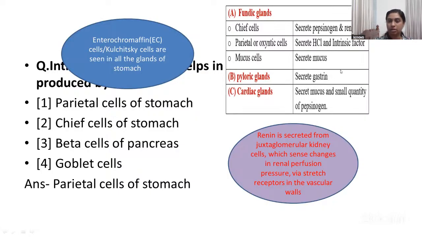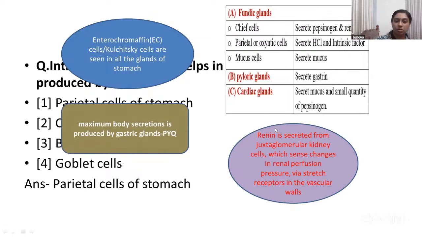Chief cells produce rennin, whereas JG cells produce renin. Another question is that the maximum body secretions are produced by the gastric glands. That's also a PYQ.